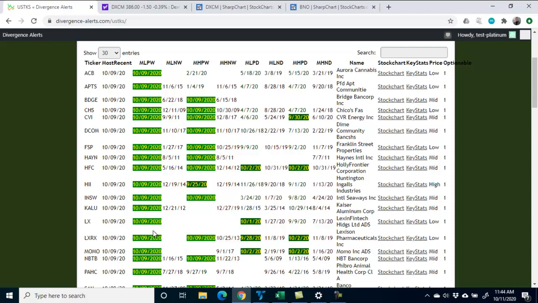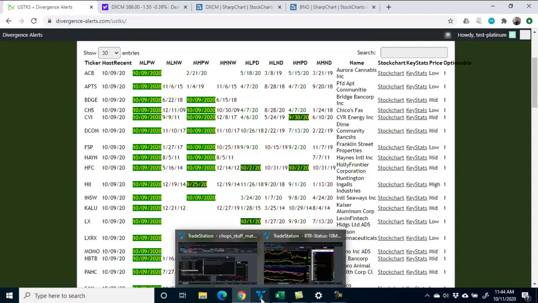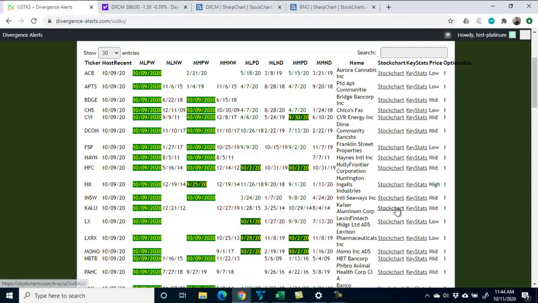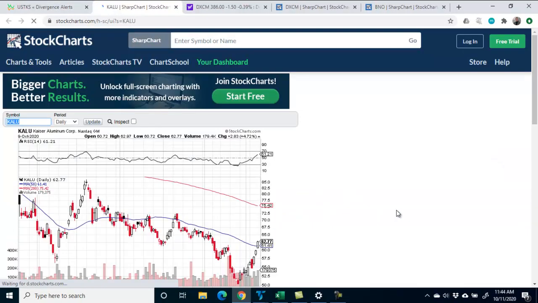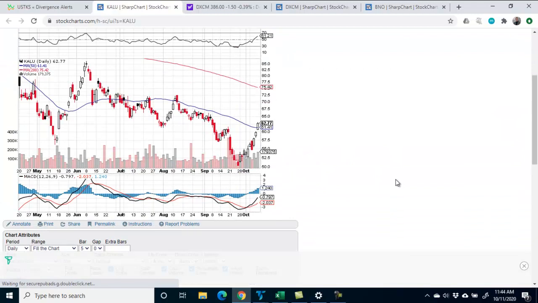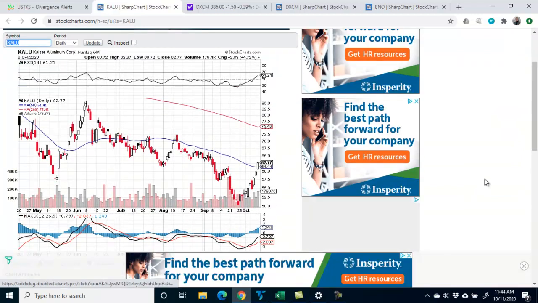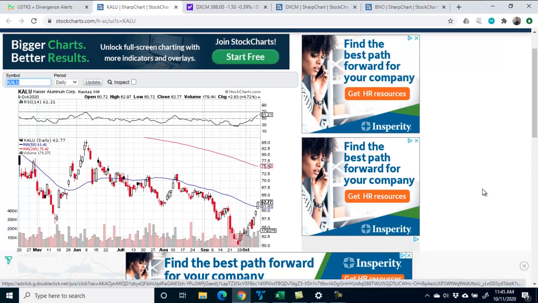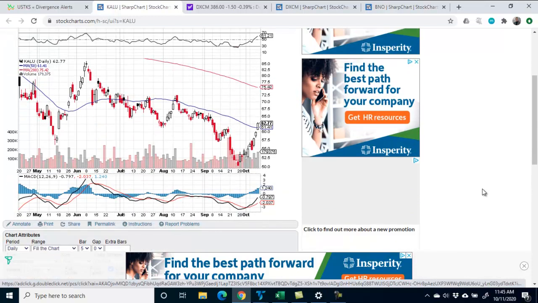And with the spreadsheet, I was able to very simply cut and paste the list of tickers and stick them into TradeStation. Here you can go stock chart by stock chart, or type them into your own trading software as you would like. So here's Kaiser Aluminum, and actually we're looking at the daily chart, and this had been a weekly divergence.